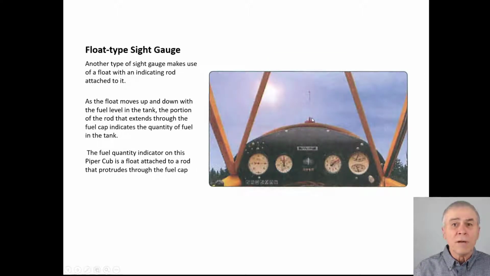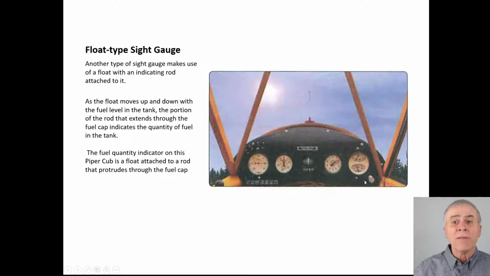Here's the float type. You're not going to see those too often anymore. But in this case, the fuel tank is going to be forward of the firewall, which I don't believe is going to be permitted anyway. I can't tell.